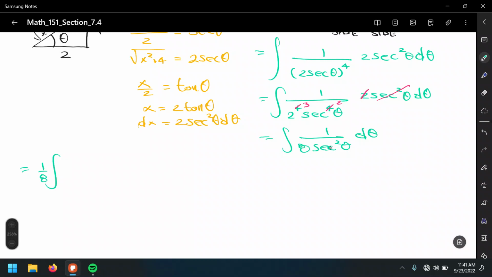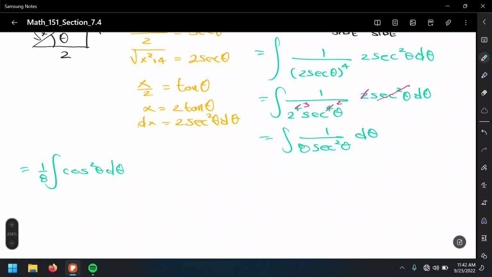However, we need to write this secant squared in the denominator as cosine squared in the numerator. What do we have here? Powers of trigonometric functions, and in particular we have an even power of cosine. Had we had a sine multiplying with the d theta, we would have been able to use u equals cosine and du negative sine and do all the necessary adjustments. However, it's not the case.